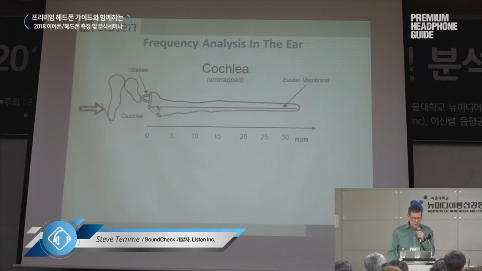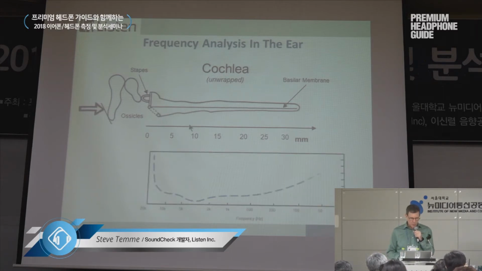We can actually see that we have hair cells going up and down the cochlea, and they act as basically frequency analyzers. At high frequencies, the hair cells closest to the oval window detect high frequencies. This is why as we get older, those tend to get damaged and disappear. And the low frequencies are actually towards the end of the cochlear membrane.